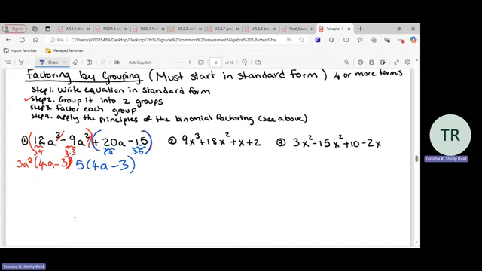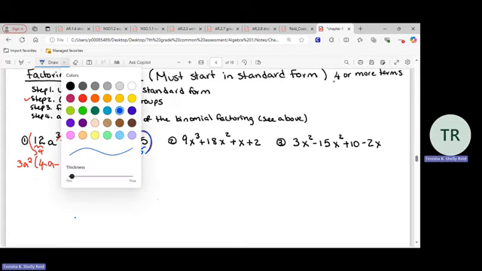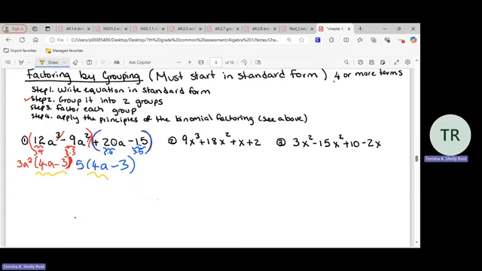This is important because these should match. If they don't match, you did something wrong. You have to go back and find it and fix it. 4a minus 3 here should match the 4a minus 3. So together, they become just 4a minus 3.